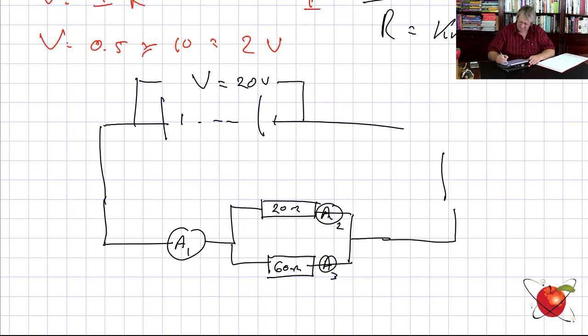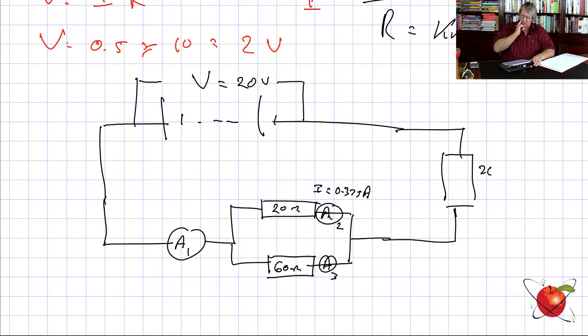And let us say they tell us that there's a resistance X over there. The reading on the ammeter A2 is 0.375. Hold on, they've told us that. So we say I equals 0.375 amps.